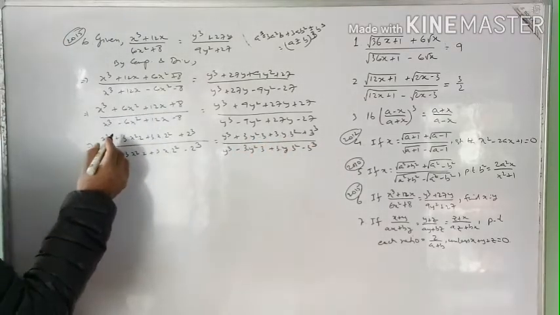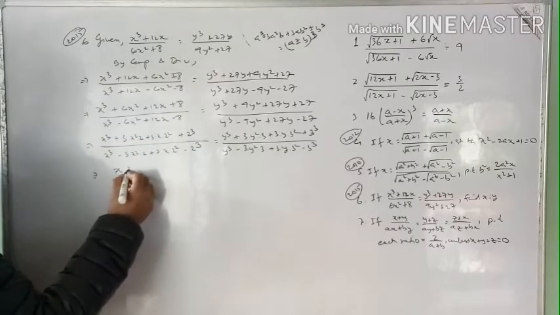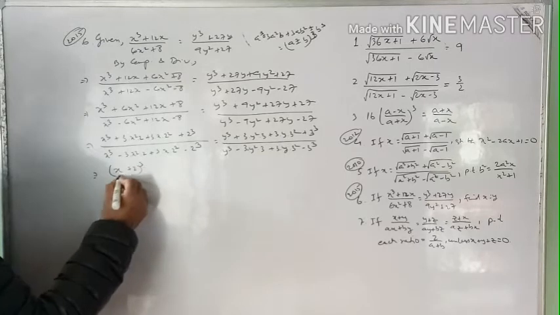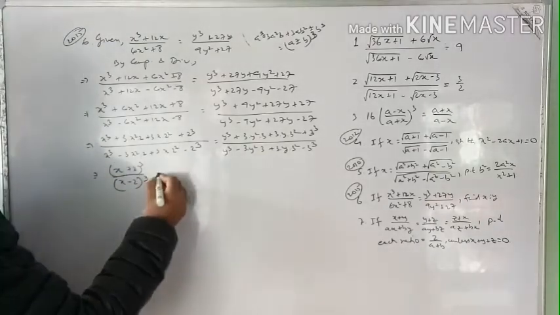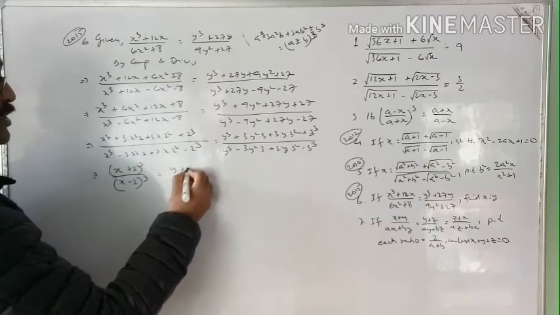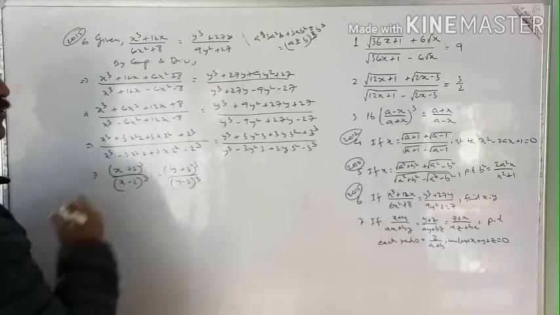So this is a cube plus 3a square b plus 3ab square plus b cube form. So this will be a plus b whole cube, and here a minus b whole cube. So here you get y plus 3 whole cube and y minus 3 whole cube.